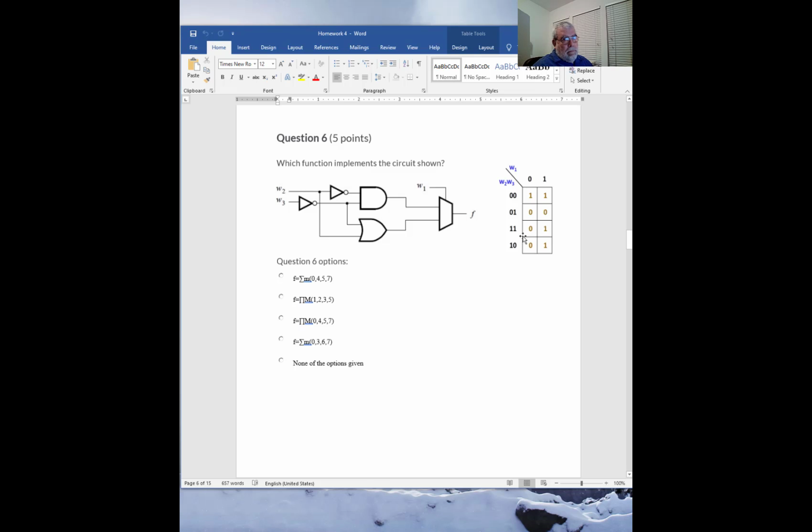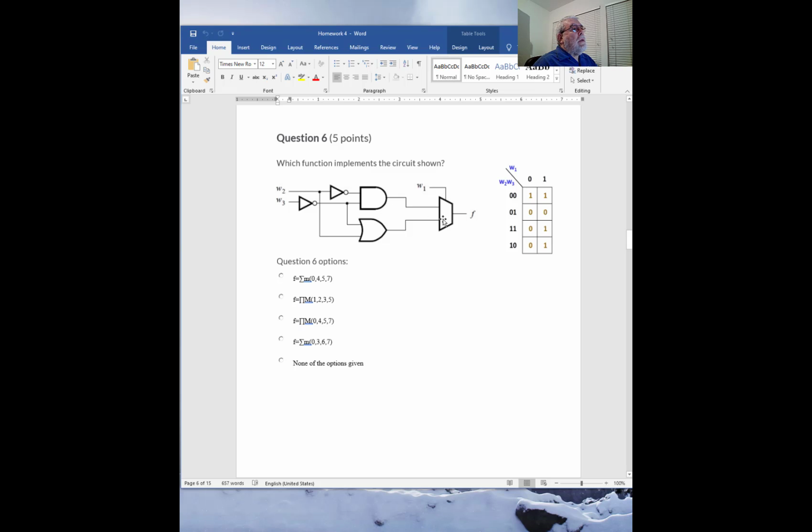Question 6, we have something different from the multiplexer. We still have a multiplexer. It's 2 to 1, but we add some stuff here in the boards.